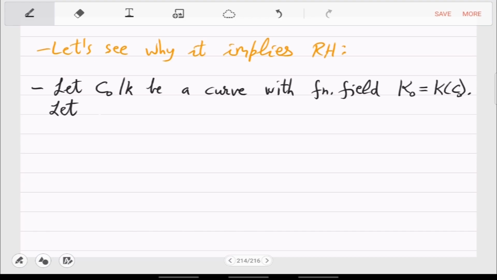Let K be the compositum of the two fields, so that you have constants FQ bar available.